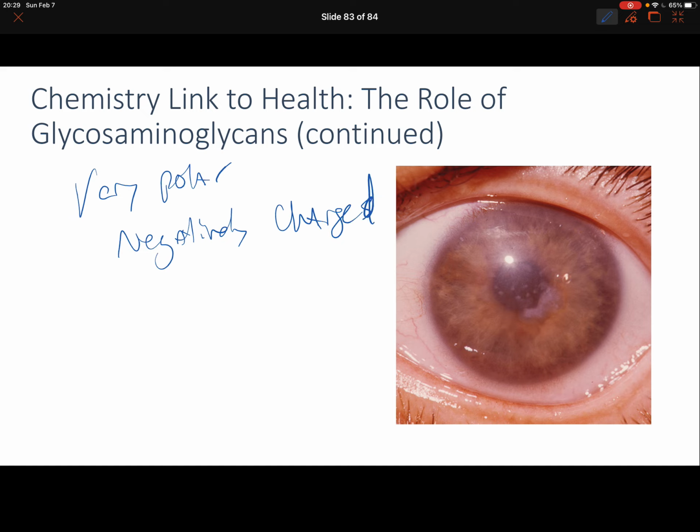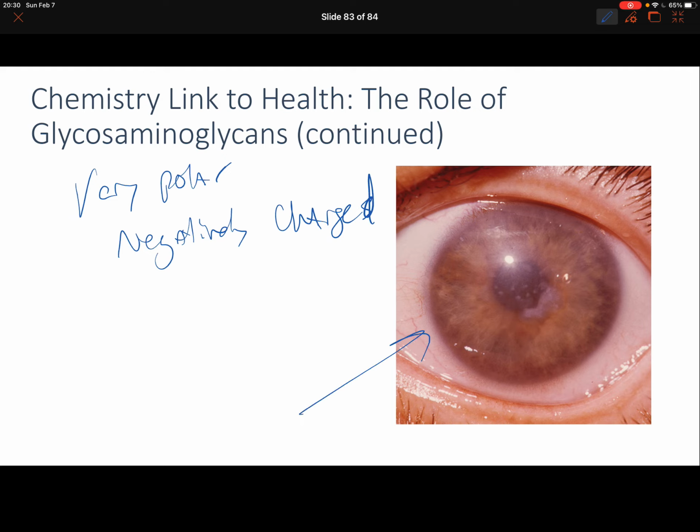That means that they can attract water, and they can cushion or lubricate structures in the body. They include keratan sulfate that's found in the cornea of the eye, cartilage, bone, horns of animals. But anyways, they have a role in the body as being lubricants.